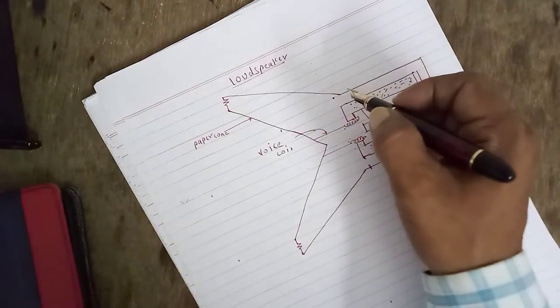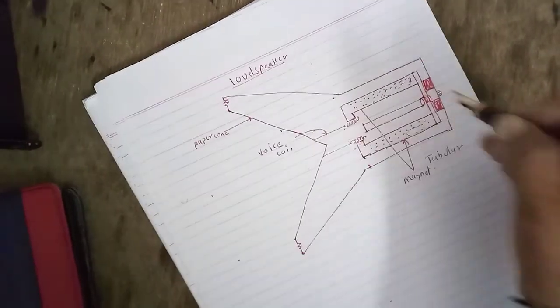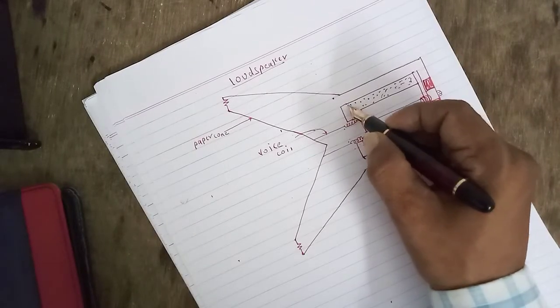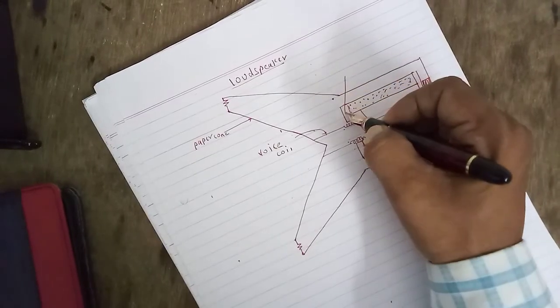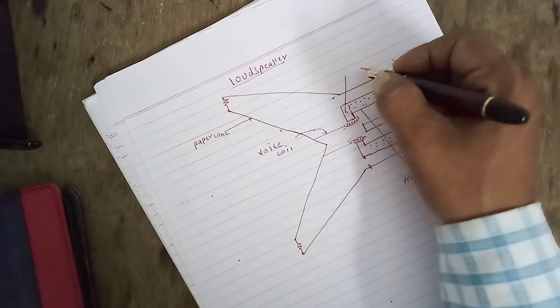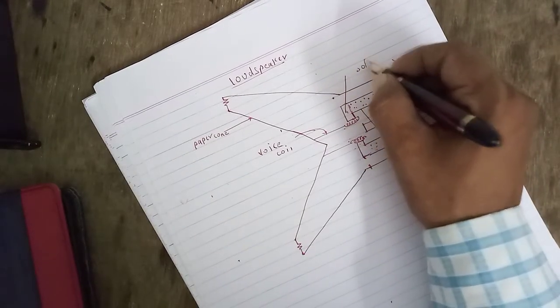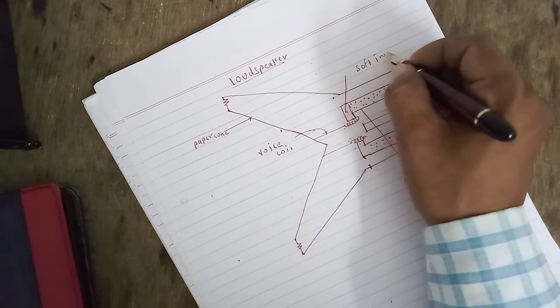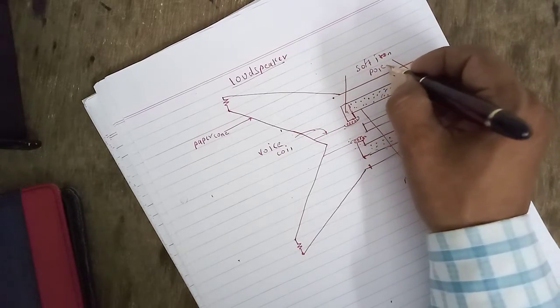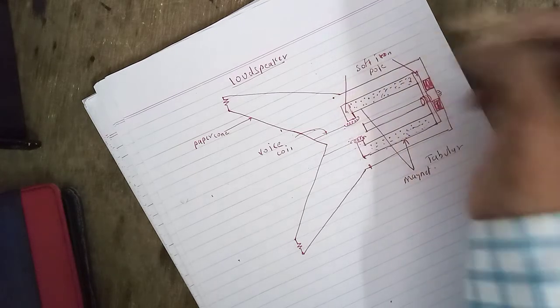Okay, students. And the part indicated with this one, this part and this part, it is a soft iron pole. It is a soft iron pole.